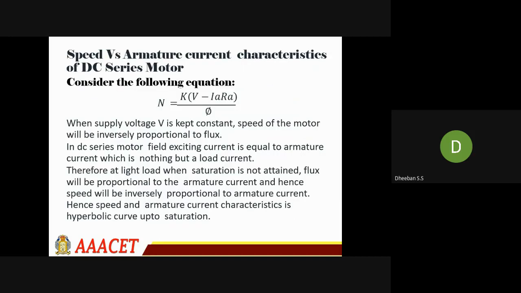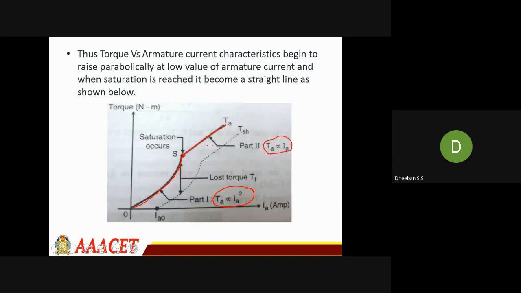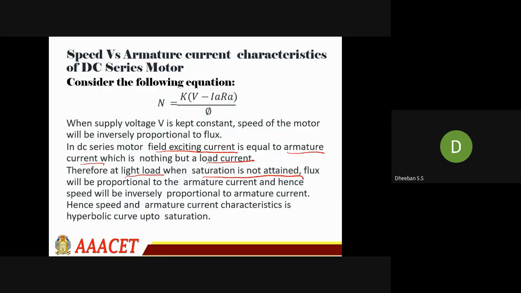Next is about your speed versus armature current. This we have seen in the torque equation. In a DC series motor, the field exciting current is equal to your armature current, which is nothing but your load current. Therefore, at light load, when saturation is not attained, the flux will be proportional to your armature current.